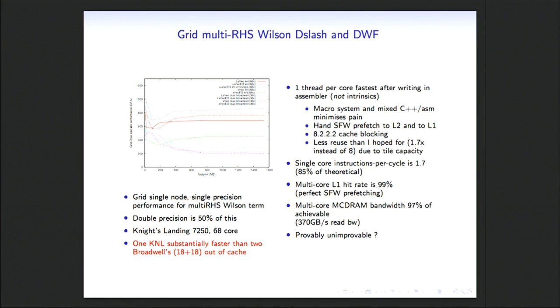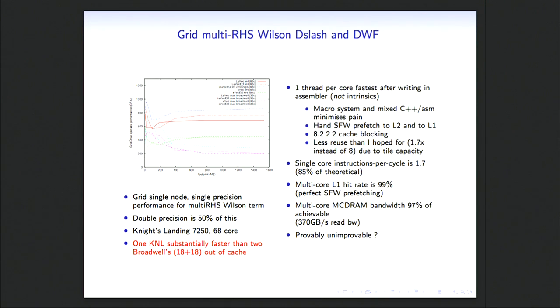Now, the bad news. I can beat the compiler, right? So this plot shows performance versus memory footprint on a combination of Knights Landing and Broadwell. The points that spike up and fall down as they fall out of cache are the results on a dual Broadwell. So this is 2 Broadwells versus 1 KNL.